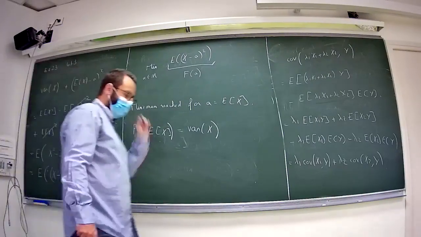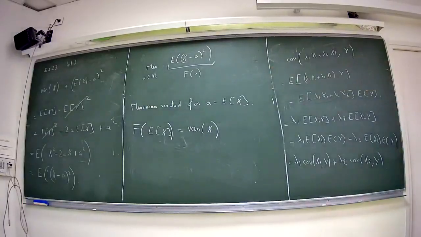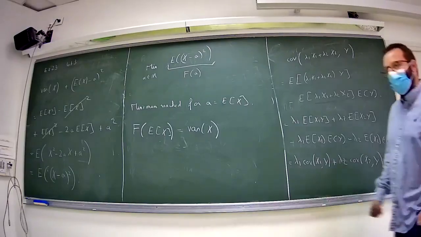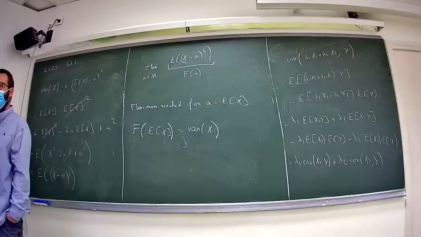The expectation is linear, the covariance is bilinear. And it implies that I have this kind of formula for the variance of a linear combination. For the expectation of a linear combination, it's the linear combination of the expectations by linearity.